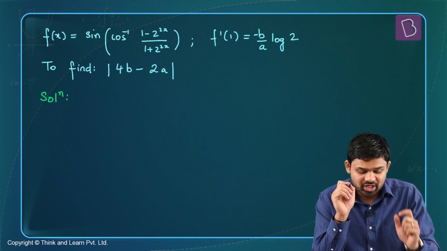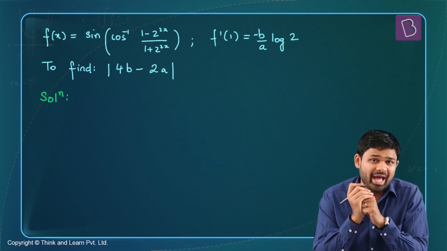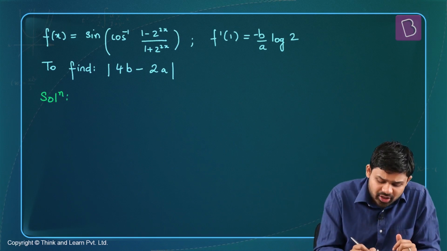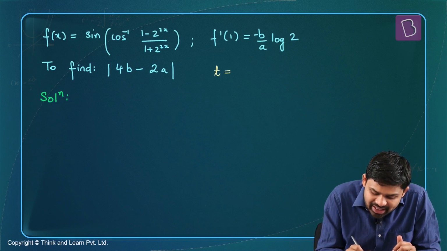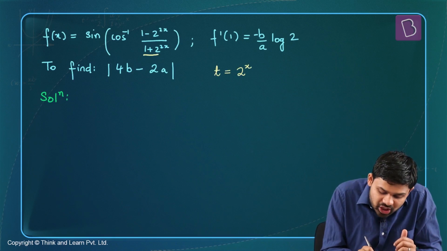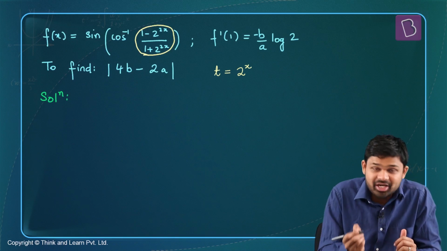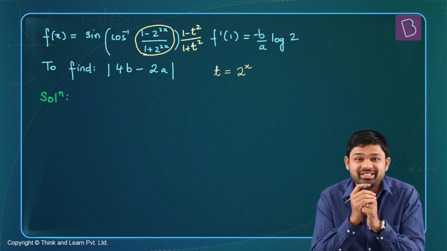So cos inverse of (1 minus 2 to the power 2x) divided by (1 plus 2 to the power 2x). What if I call 2 to the power x as some dummy variable t? If I say t equal to 2 to the power x, then what happens to this term here? Well, this term here becomes 1 minus t square divided by 1 plus t square, isn't it?